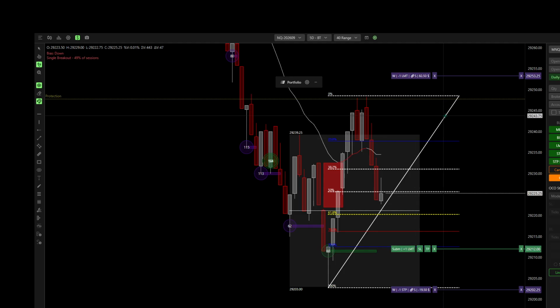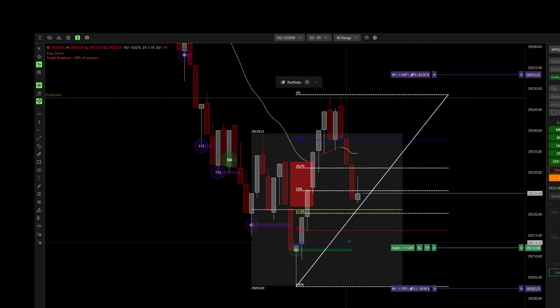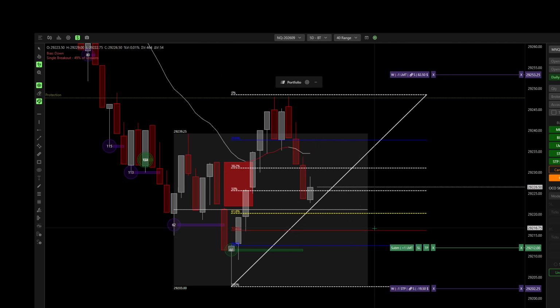We never know where, but right now we're in the golden pocket, right? So we've retraced about 50% of the swing range, but there's more to go.